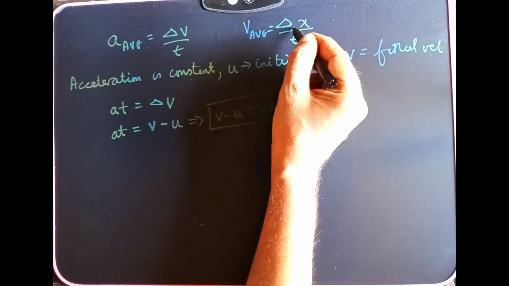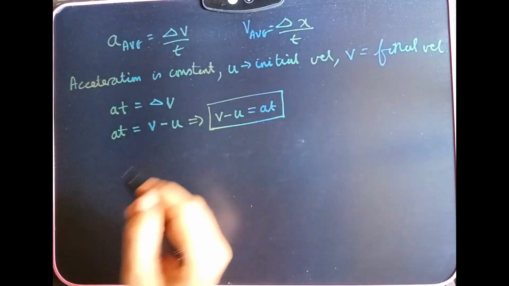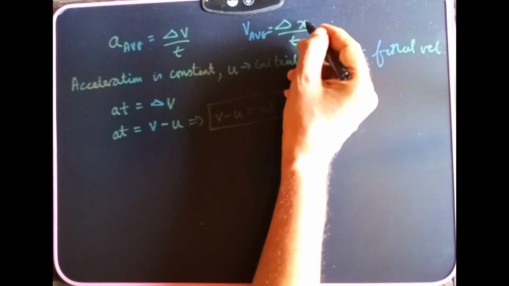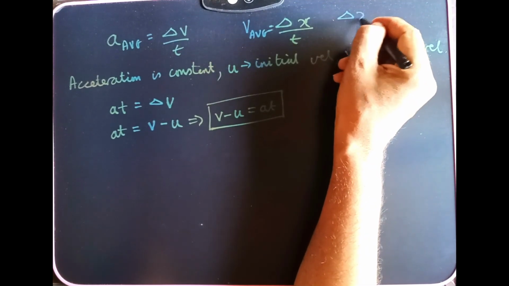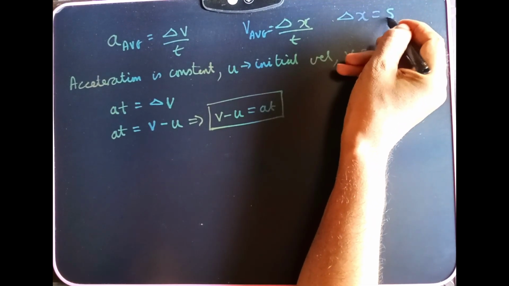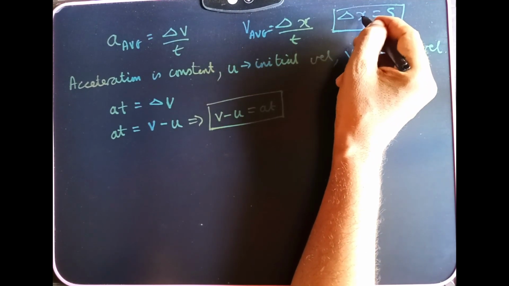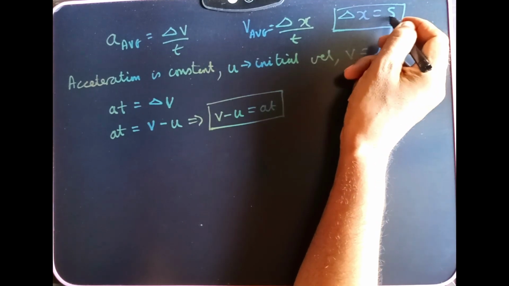So now from this particular formula of average velocity, we can say that displacement, delta x, we will represent as s. Going forward, we will represent change in position or change in displacement as s.